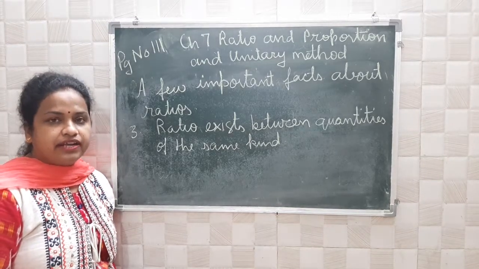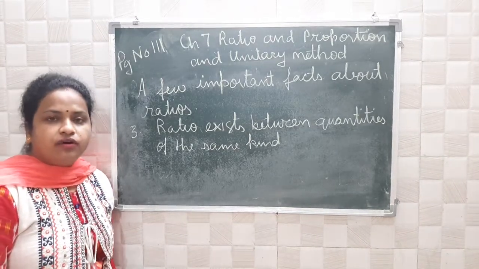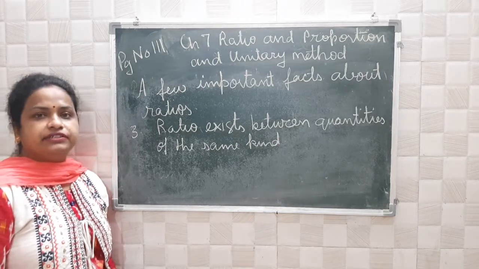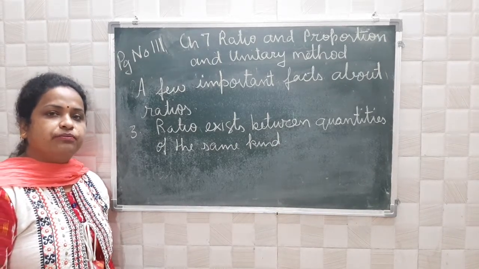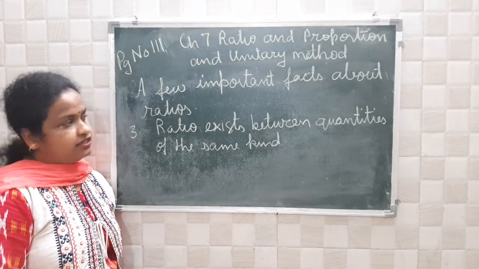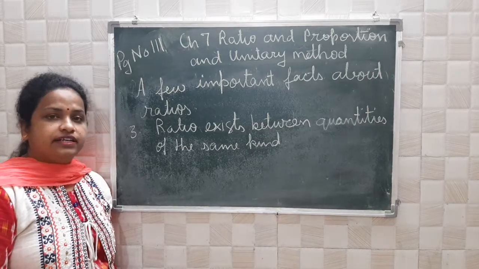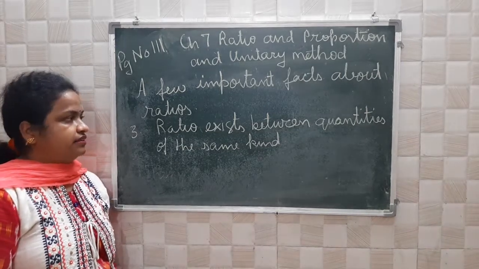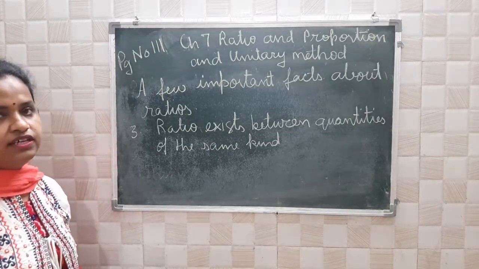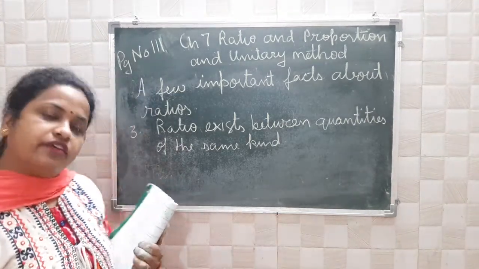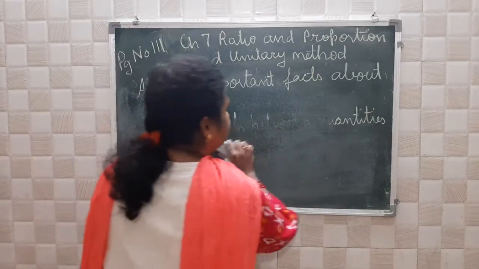You cannot compare age with length or time with length. Whatever the quantity is, both should be the same in numerator as well as in denominator. So we say that a ratio exists between quantities of the same kind. If quantities are different, then you cannot find the ratio.